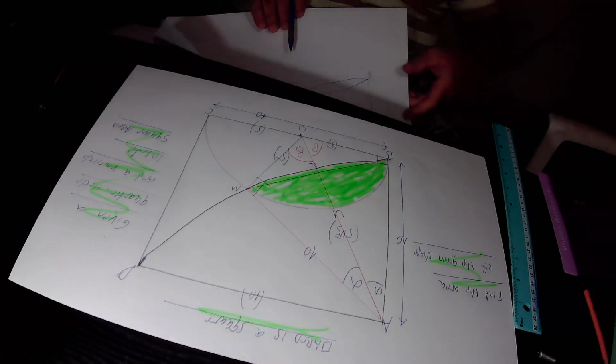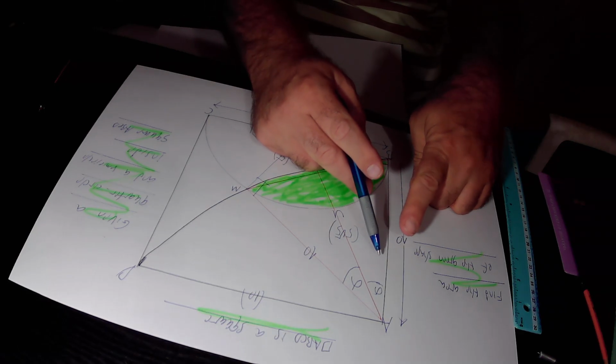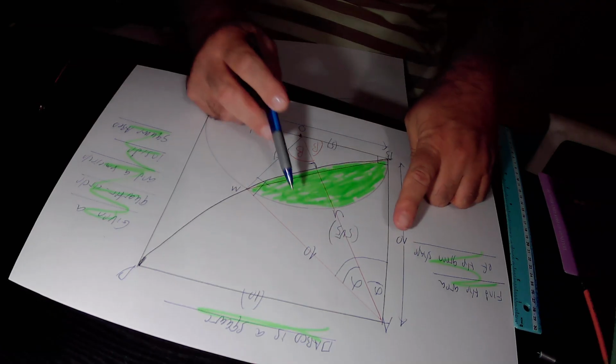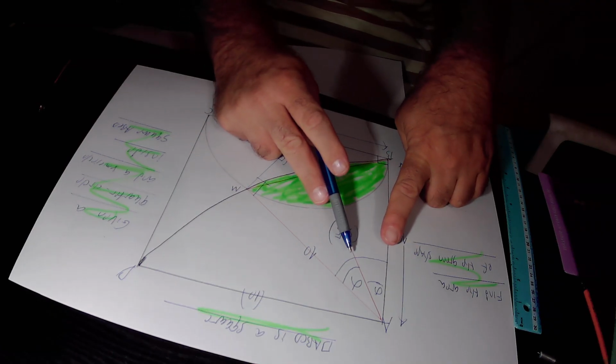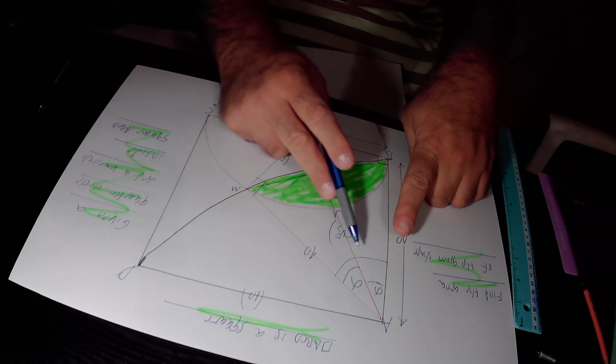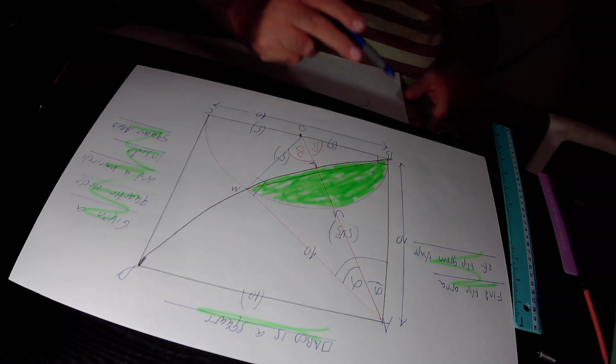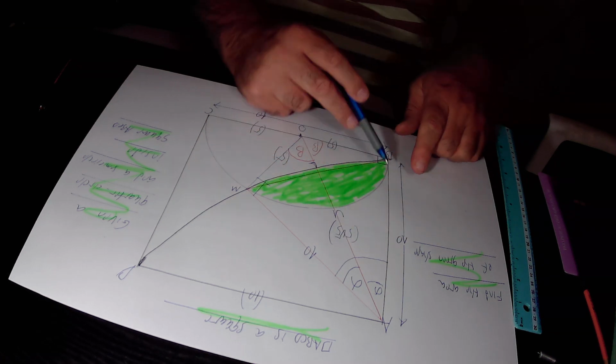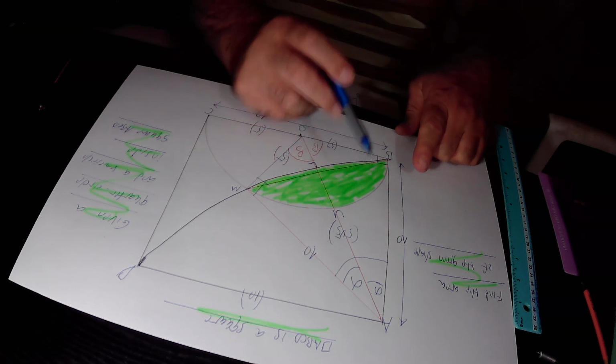We know that this is the angle between the legs of the sector. This is alpha plus alpha, which is 2 alpha. 2 alpha is the angle between the legs of sector ABM.